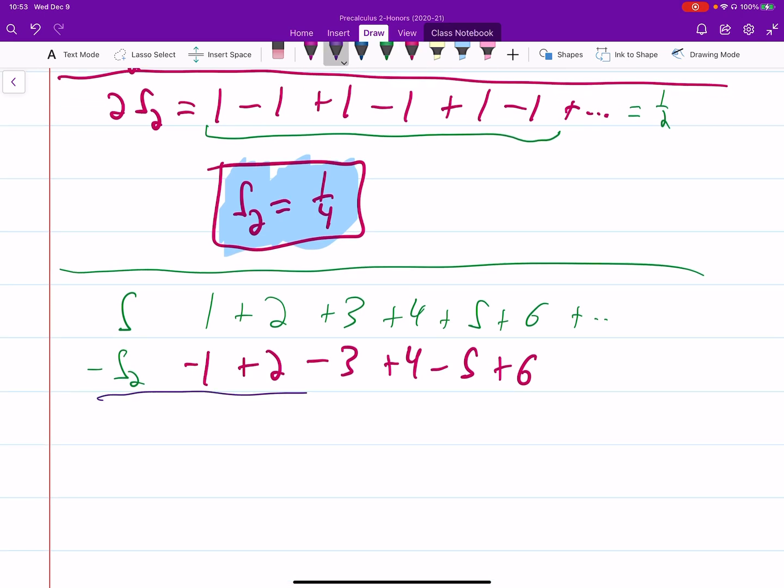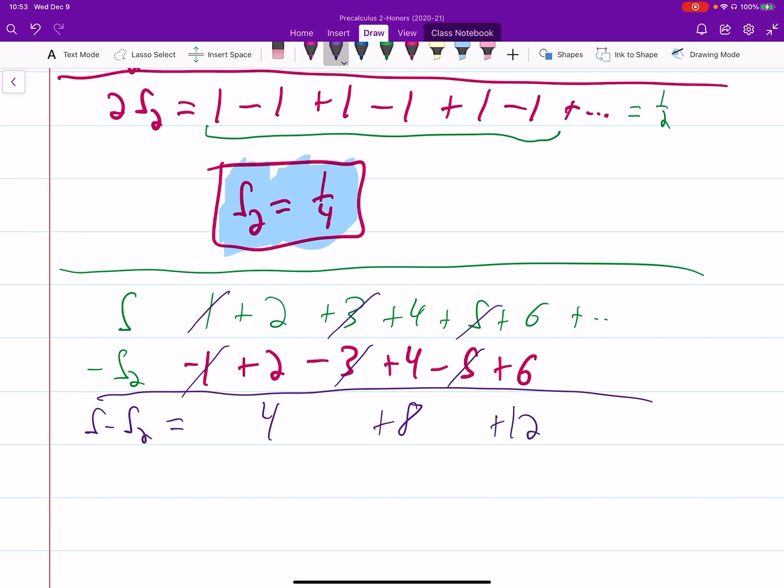And if I do that, what I get is S minus S2 is equal to, those are going to cancel, 4, those are going to cancel, 8, those are going to cancel, 12, plus 16, plus 20, if the pattern continues, and it does, and so on.